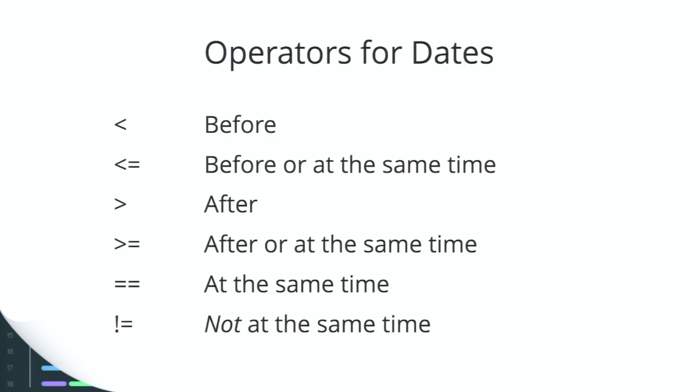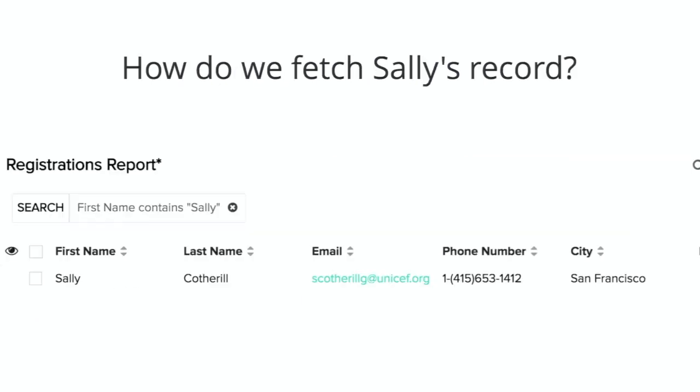So if we wanted to maybe fetch all the records that start after September 1st, right? We could just use start time after, which will just be that greater than sign, and then put in September 1st, and it has to be formatted the way dates are formatted in our application settings. But that's how you could write something like that.